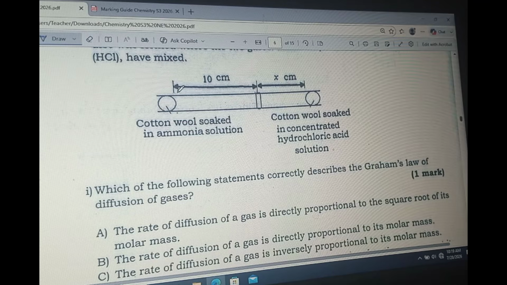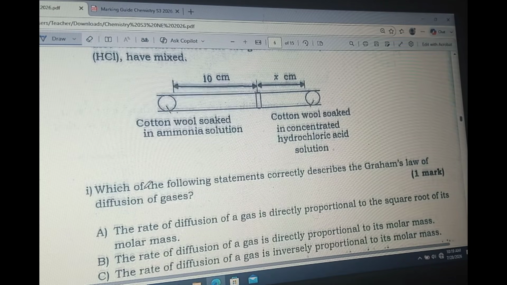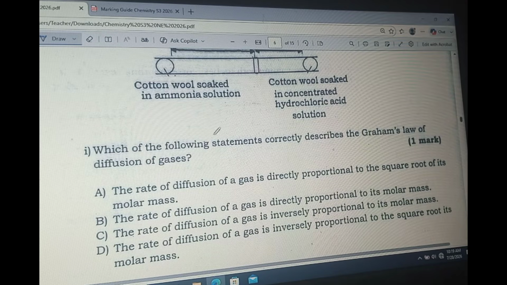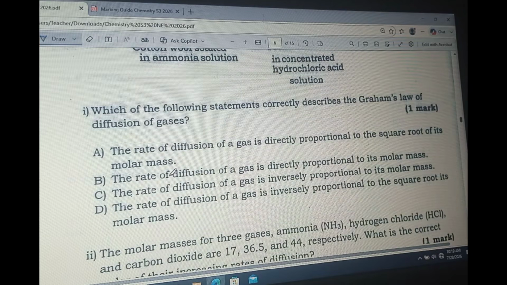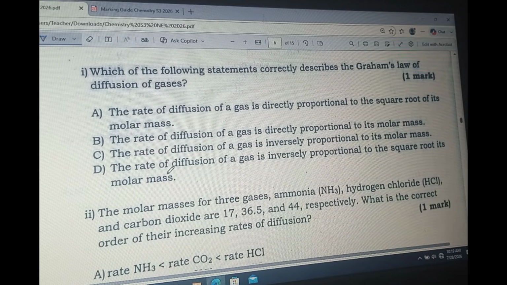The distance moved by ammonia is 10 centimeters and the distance moved by hydrogen chloride is x centimeters. I. Which of the following statements correctly describes Graham's law of diffusion of gas? Graham's law of diffusion of gas.